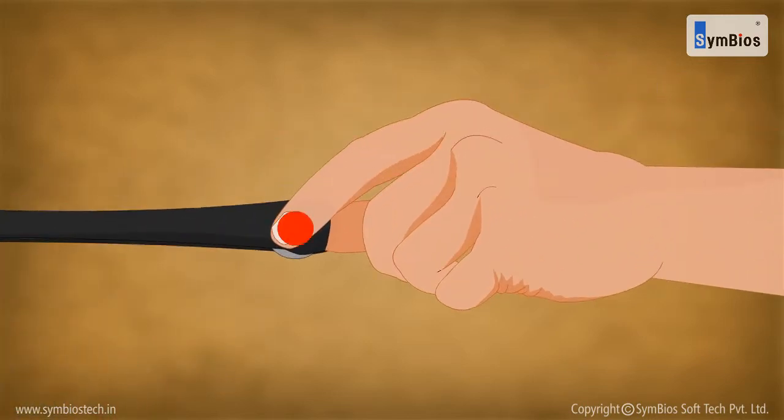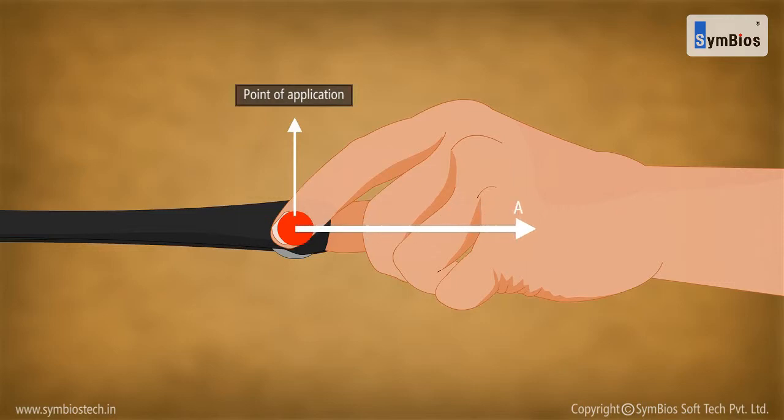The point on a body where a force acts is called the point of application of force. A line drawn through the point of application of the force in the direction of force is called the line of action of force.